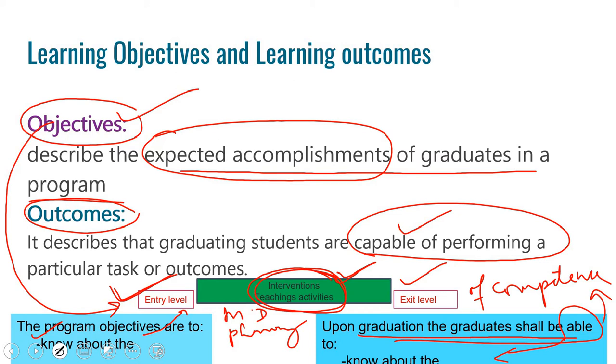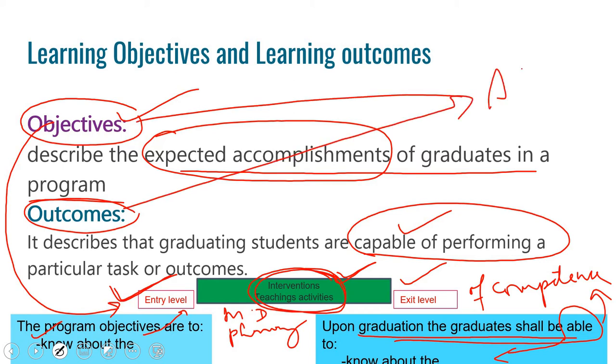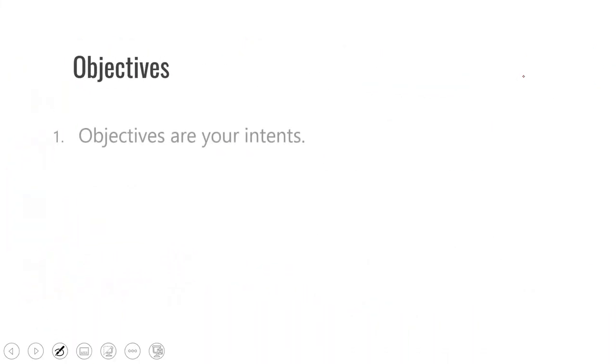Therefore, it is very imperative that there should be an alignment between these objectives and the outcomes. And this is usually checked during the audit by the regulatory bodies that will come and audit your programs. Now, having said that, let us summarize: what are objectives?